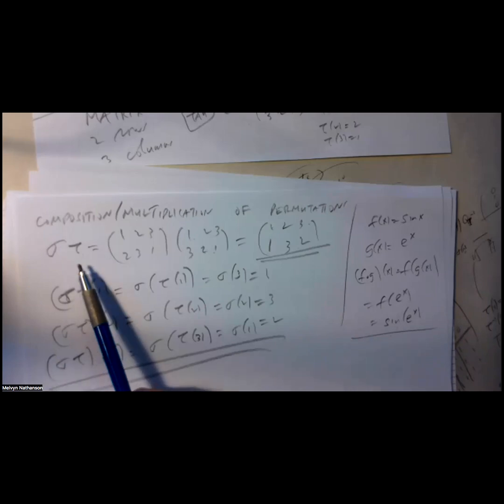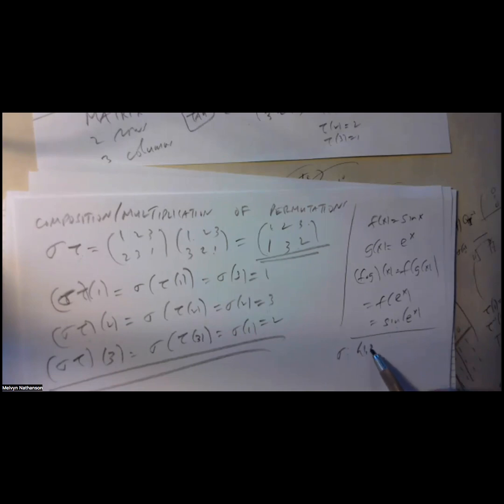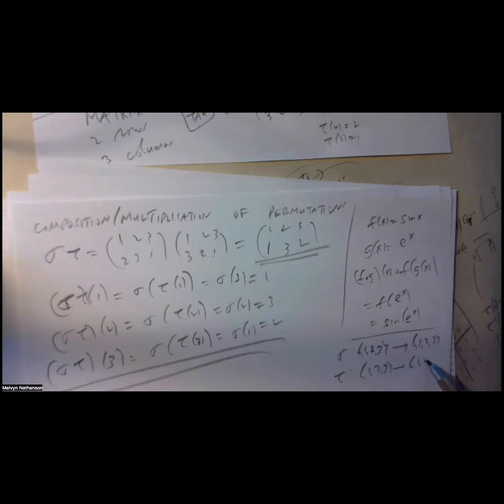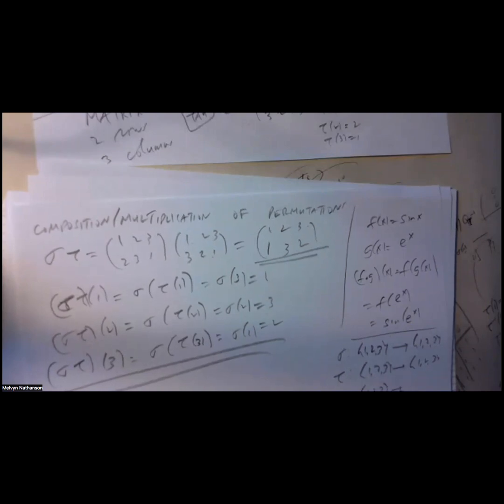So sigma is a function that sends the numbers 1, 2, 3 to the numbers 1, 2, 3. And tau is a function that sends the numbers 1, 2, 3 to the numbers 1, 2, 3. And I want to consider what is the composite function sigma tau. So sigma tau is going to be another function that sends 1, 2, 3 to 1, 2, 3, but we need to compute it.